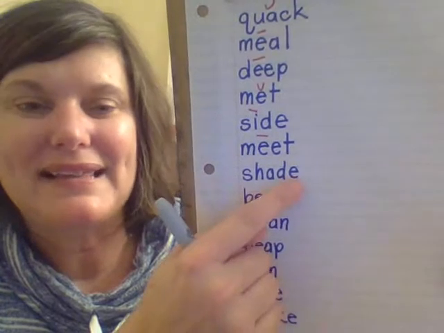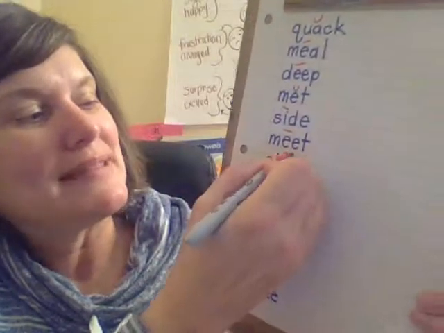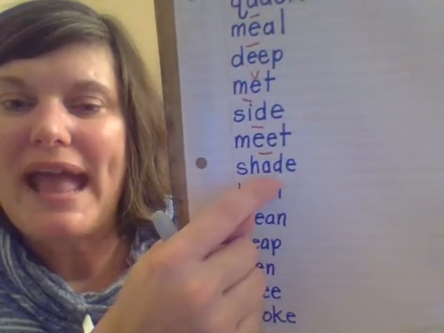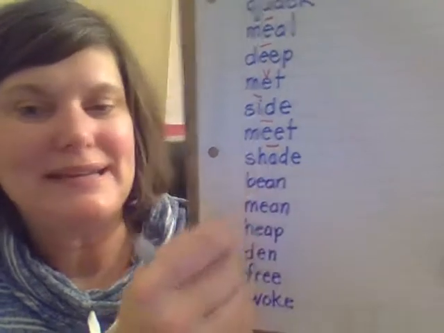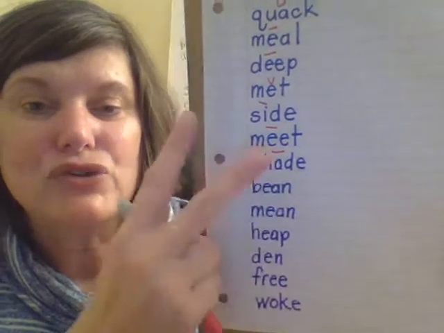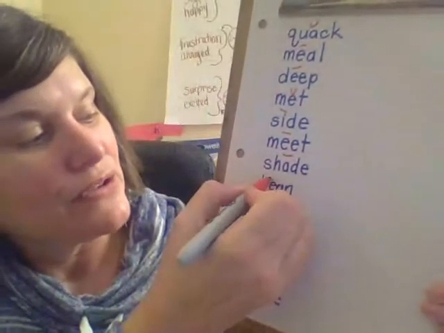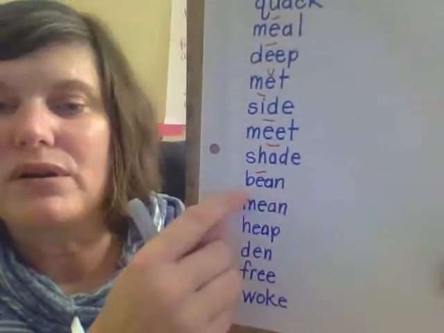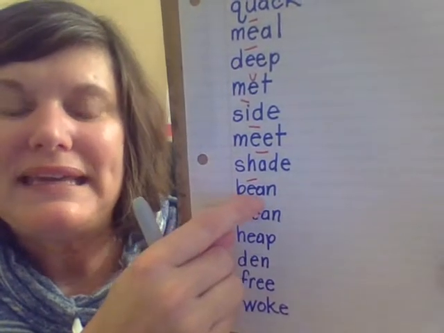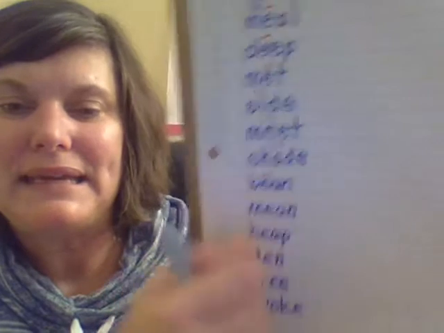I see a silent E, which makes this long A sound. Shade, shade. Vowel pair, we have EA, two vowels together. So the first one will be long, second one will be silent. Here we go. Bean, bean.